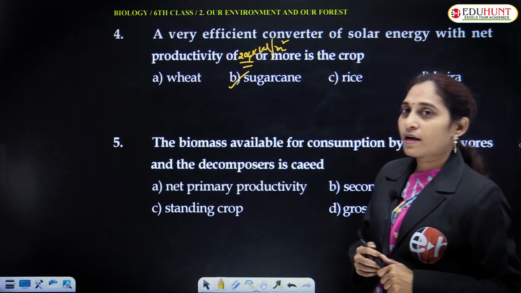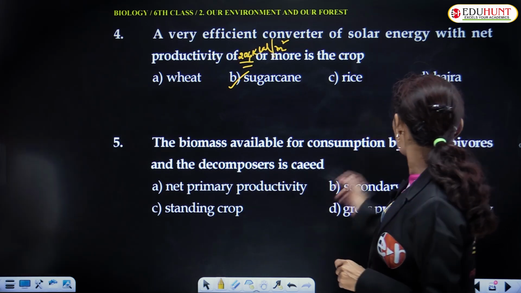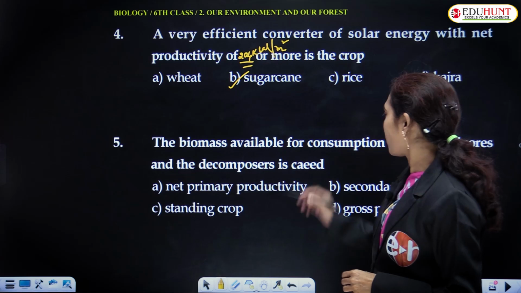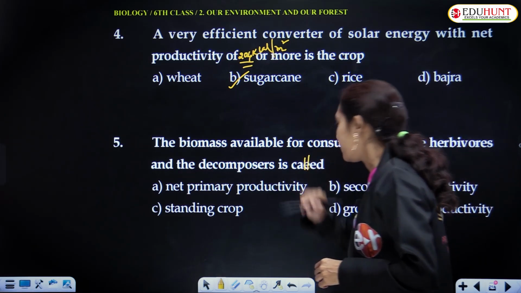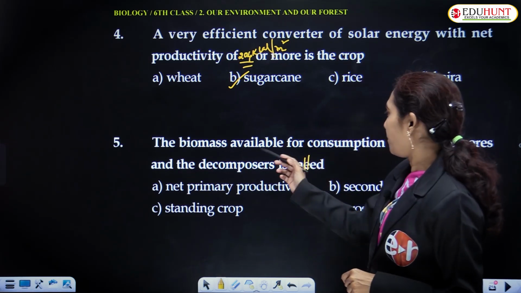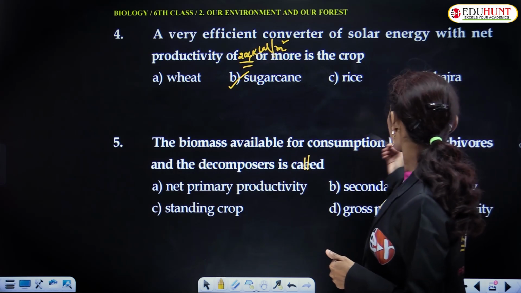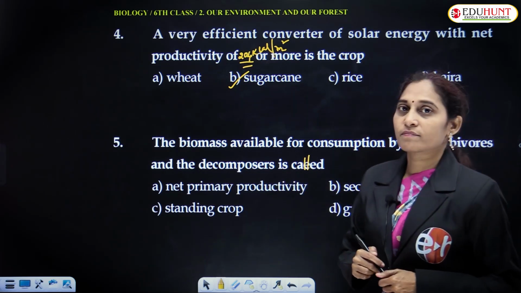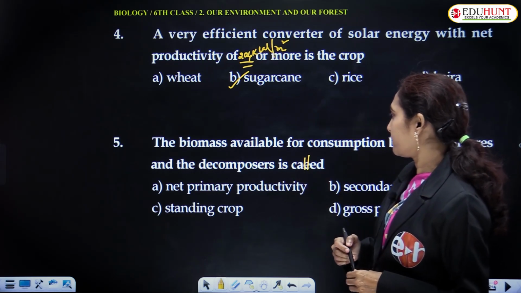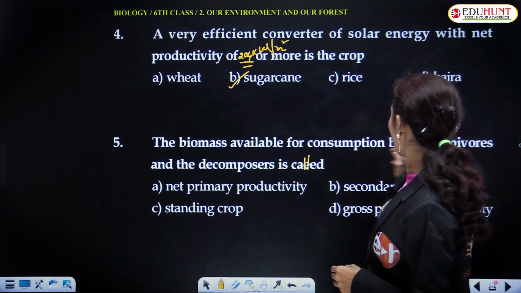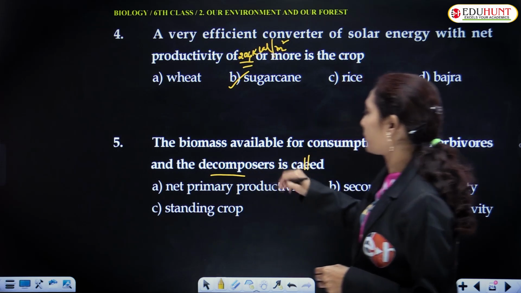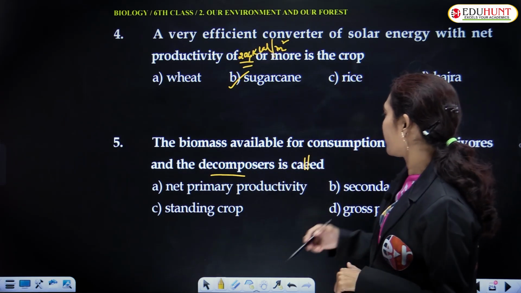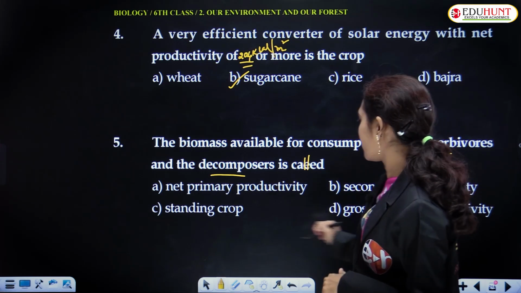The biomass available for consumption by the herbivores and the decomposers is called standing crop. Keep in mind, available for consumption by the herbivores and decomposers.